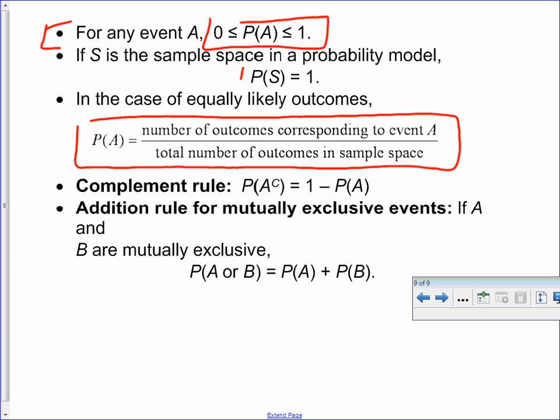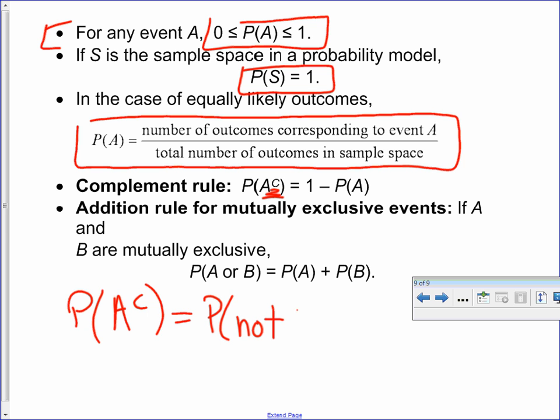The probability of S is 1, because the probability of getting an outcome is 1. If you roll the dice, you're going to get a roll of the dice. This right here, the probability of A complement, basically is the same as the probability of not A, and it's just a fancy way of writing that. And that's what's referred to as the complement.